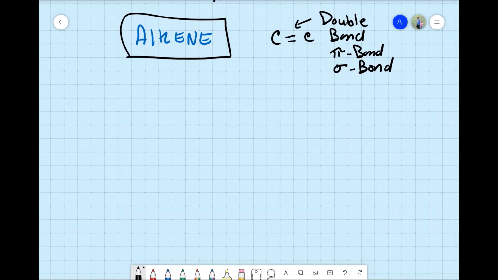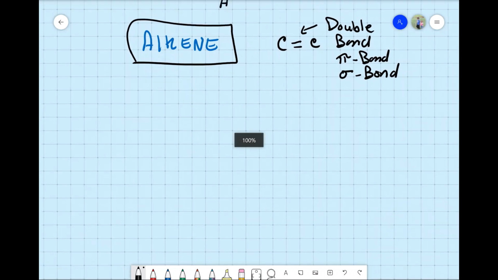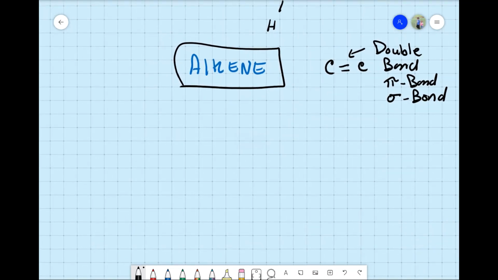One example, another simple one, very similar to what we talked about above, is ethene. And that is C2H4. And double bonds.